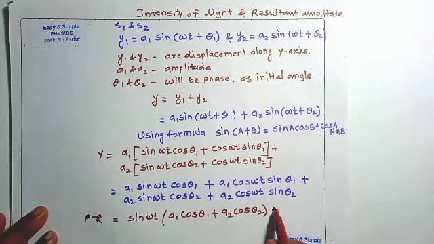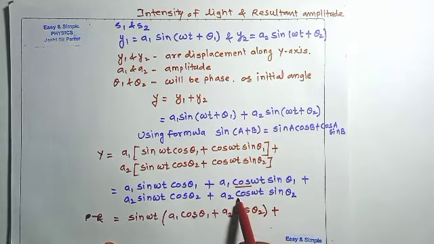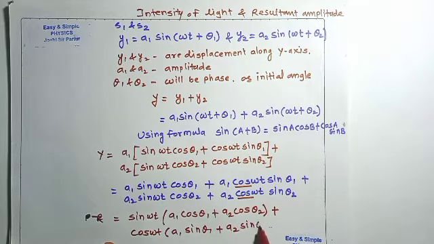Here cos omega t will be common, so cos omega t in bracket a1 sine theta 1 plus a2 sine theta 2.